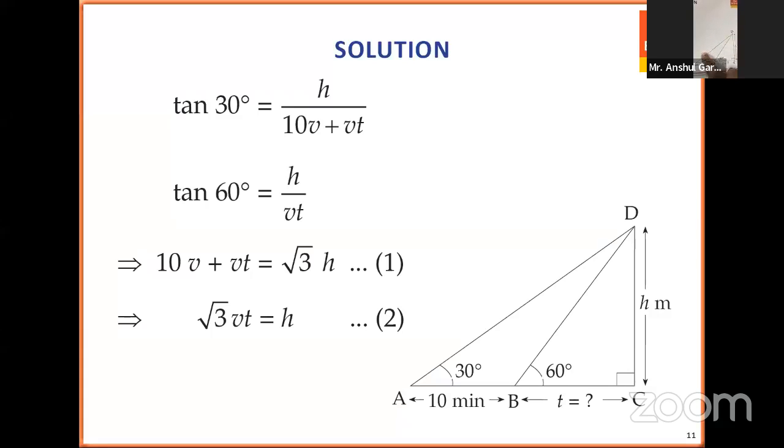So in the first triangle, tan 30 is h upon this distance. So h upon this distance, how much is it? Speed into time. So tan 30 is h upon speed into time.